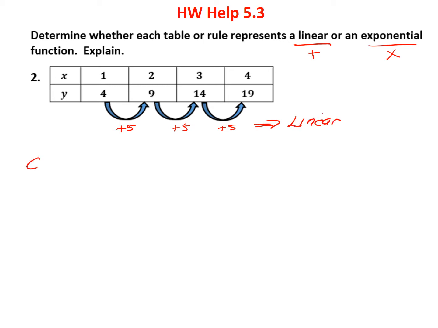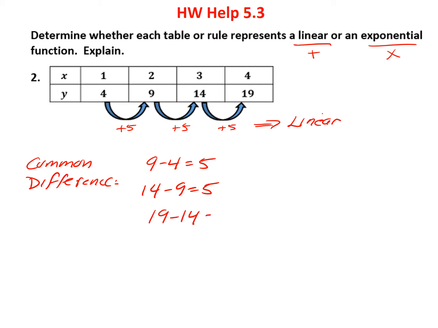And if it is linear, that means it has a common difference. So if we look here, the common difference, 9 minus 4 equals 5, 14 minus 9 equals 5, and 19 minus 14 equals 5.